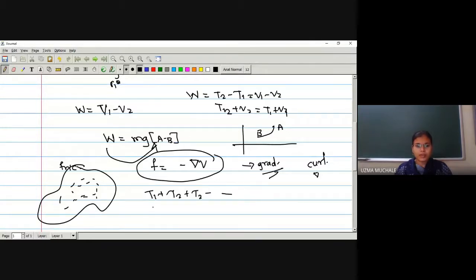For that, instead of a single force, it will consist of two forces: the external force Fi plus the internal force Fji. What do you mean by Fji internal? The force acting on the ith particle due to the presence of the jth particle.